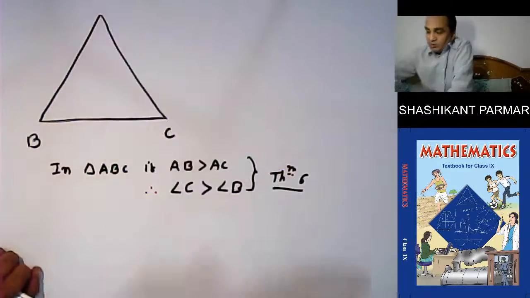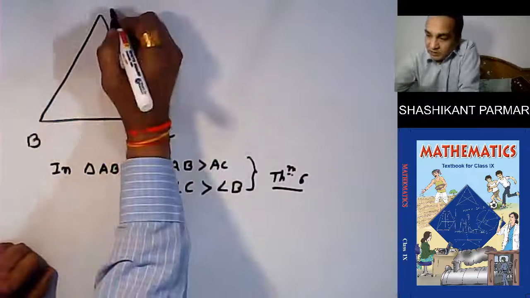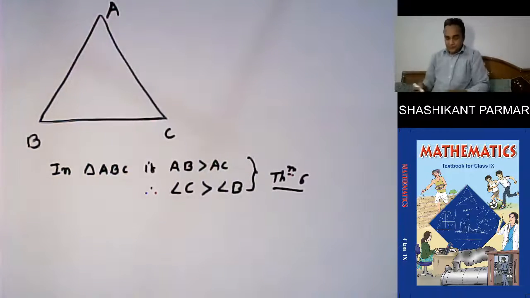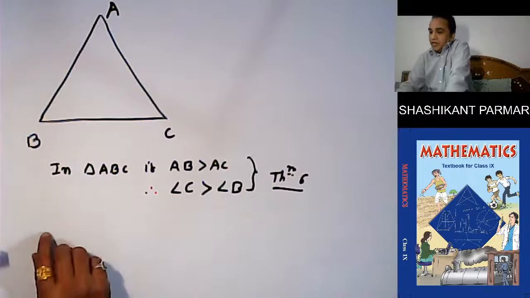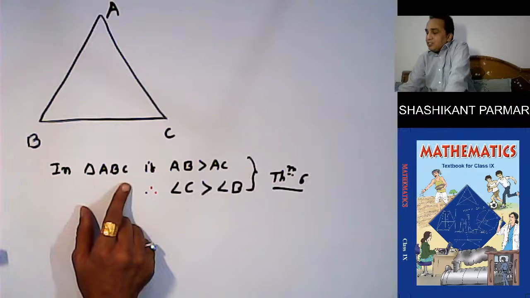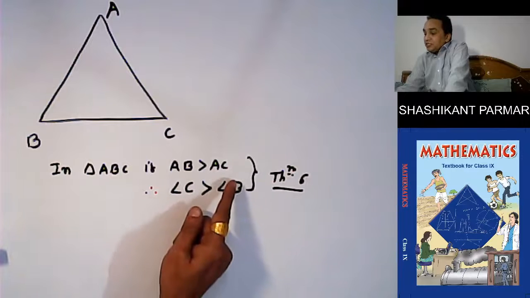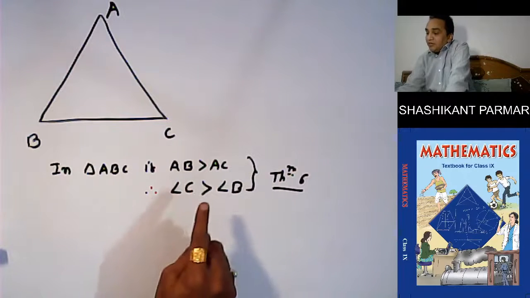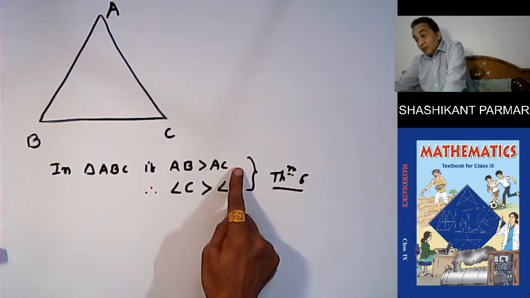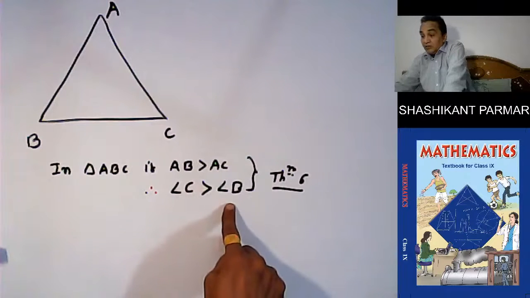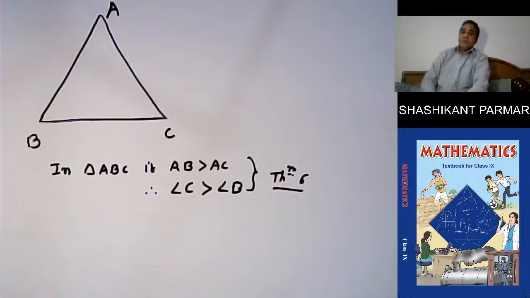So only understand and remember the statement of this theorem. Again, in triangle ABC, if AB is greater than AC, then the opposite angle of AB, that means angle C, is greater than the opposite angle of AC, that means angle B. This is theorem number 7.6.